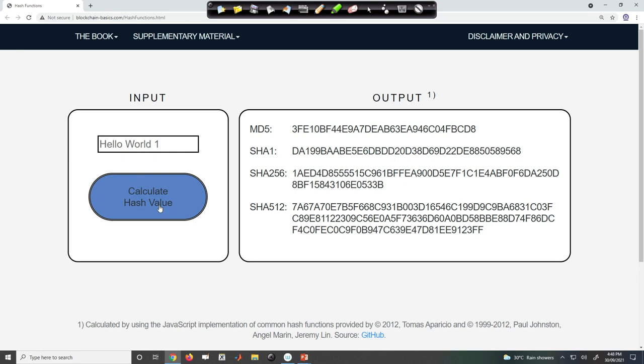If you know the hash, getting back to the original message becomes very, very difficult. Just because I know the hash for hello world, looking at the hash for the second one, I cannot figure out that the original message was hello world 1. That is an important property of hash functions, which we have already explained, and this illustration also demonstrates it.